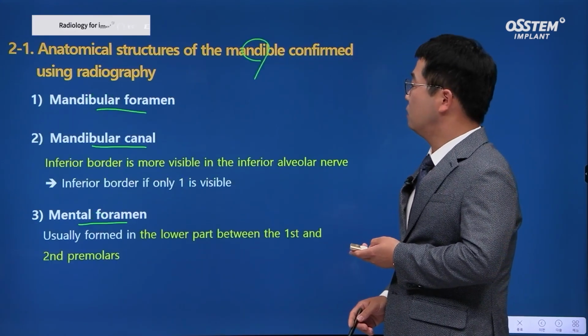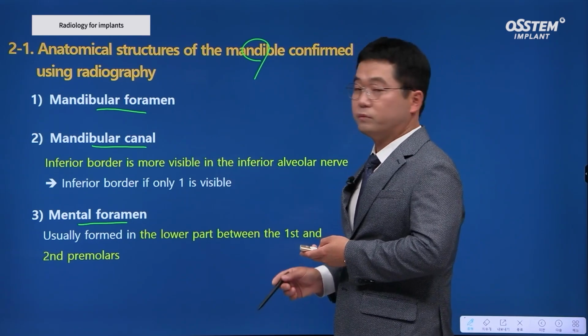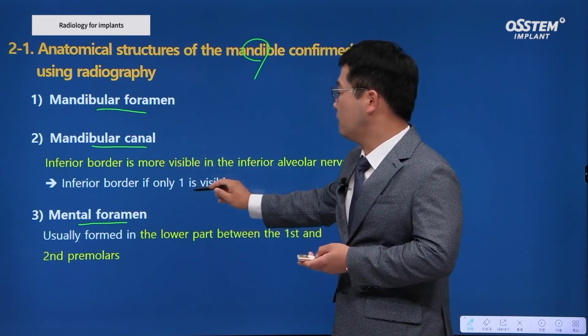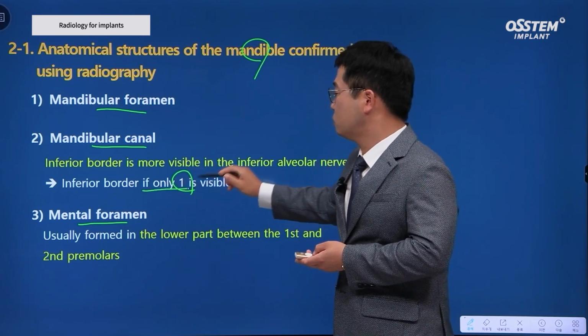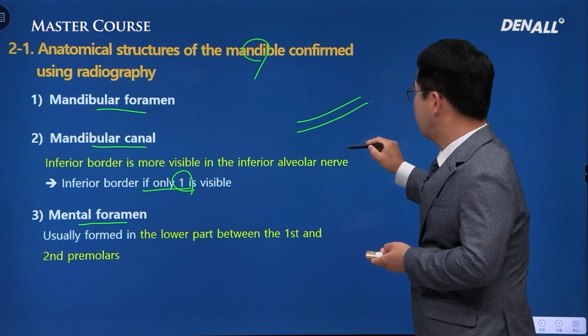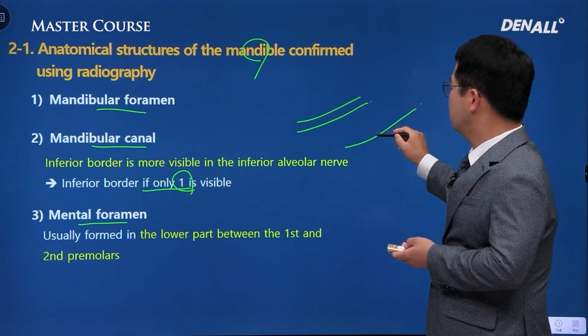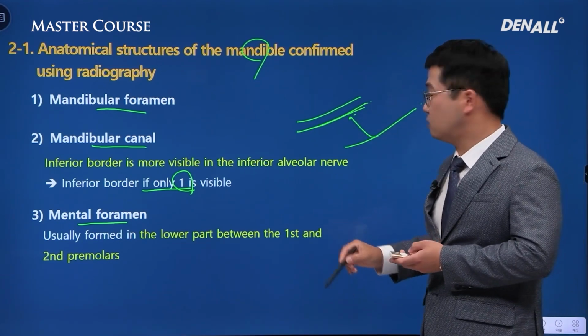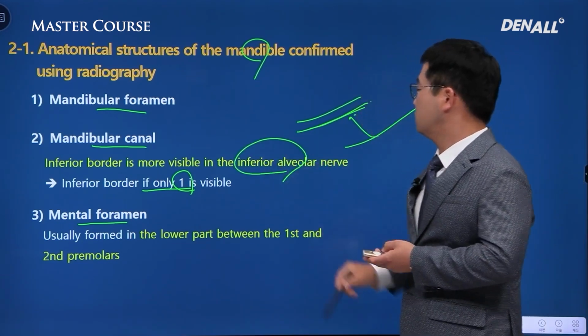Of these 5 structures, I want to emphasize the mandibular canal as most important. Normally, the mandibular canal is shown in 2 borders, but if you can only see one, you need to assume that it is the inferior border.